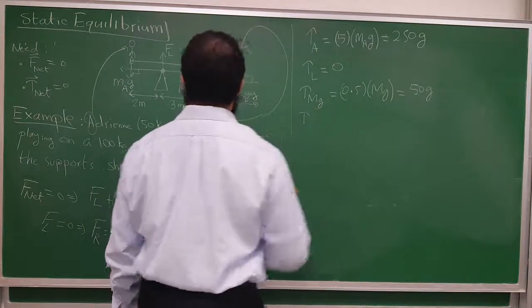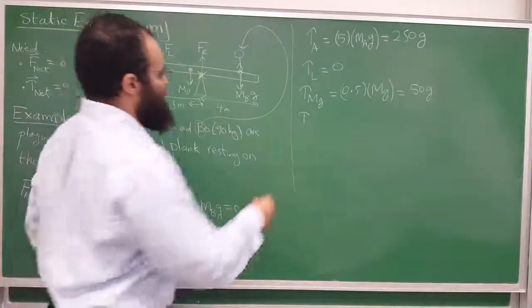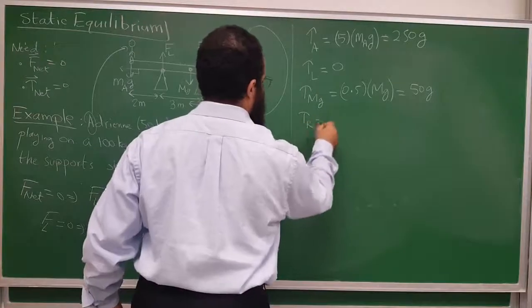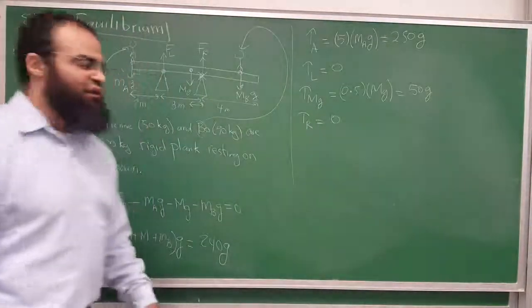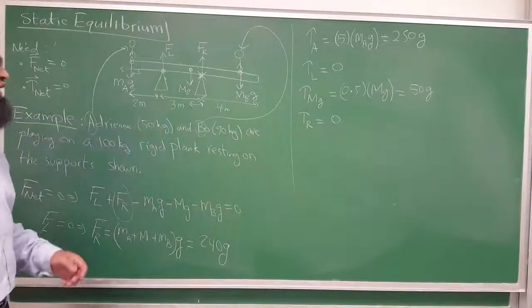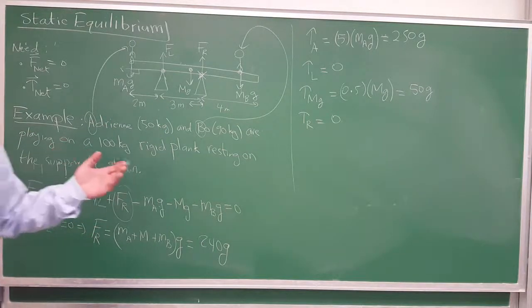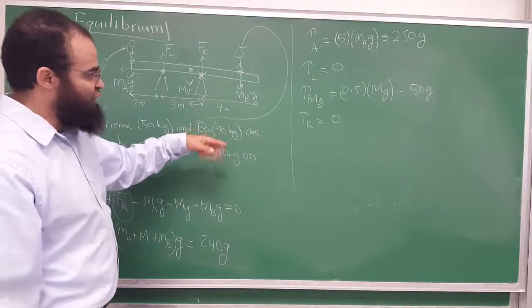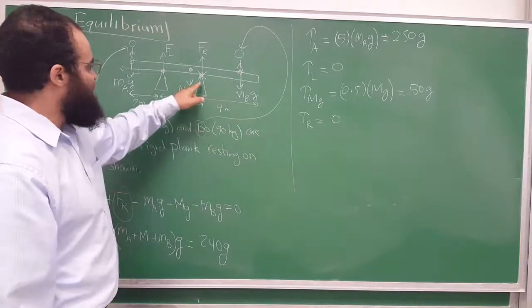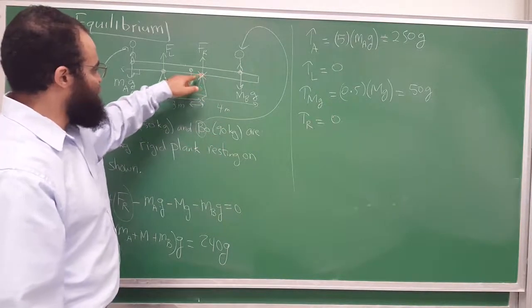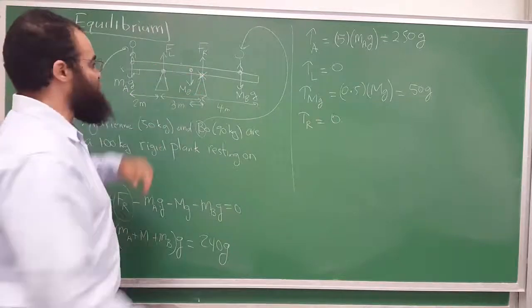And then the torque due to the support from the right, that's a 0. Why? That's why I chose it there. Remember, torque is the distance from the force to the point of rotation times the force itself times the sine of the angle. But here, the point of rotation, we chose it to be here, just a choice we made.